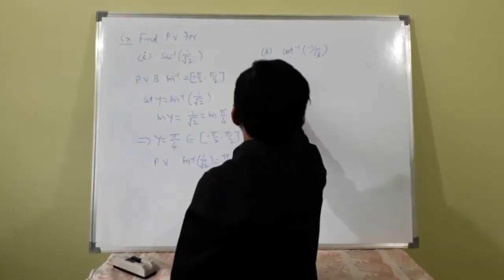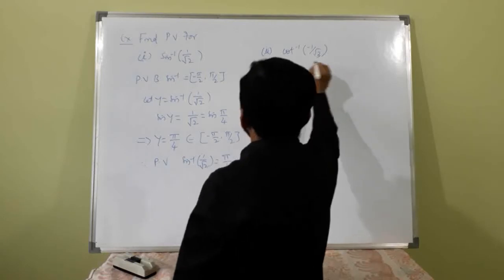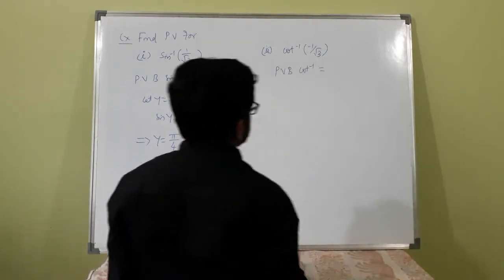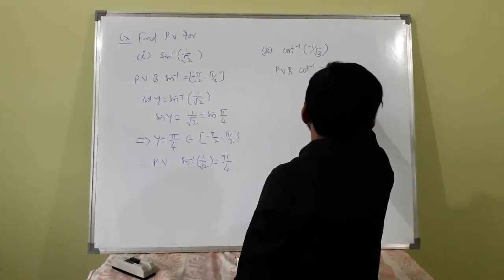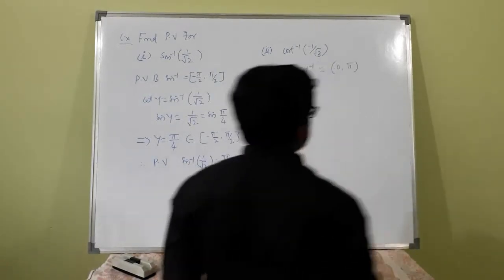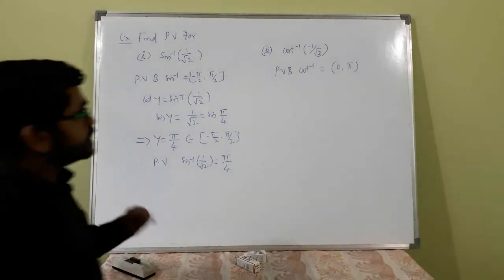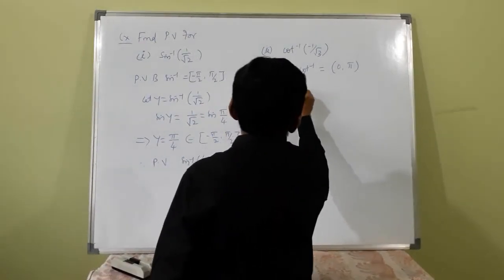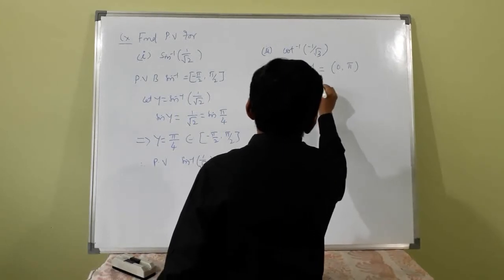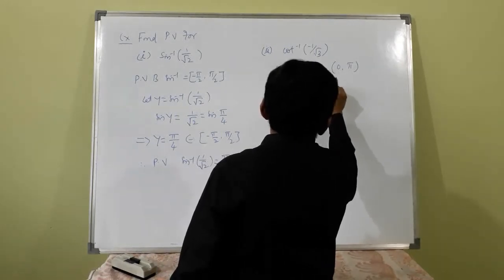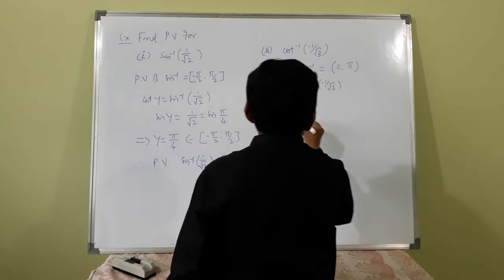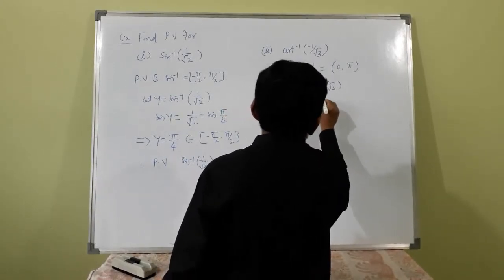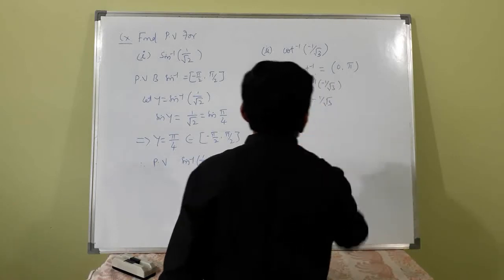Similarly, the principal value branch for cot inverse is 0 to π, both sides kept open. Let y equal cot inverse of minus 1 by root 3, or cot y is equal to minus 1 by root 3.